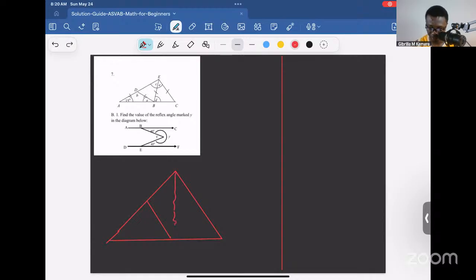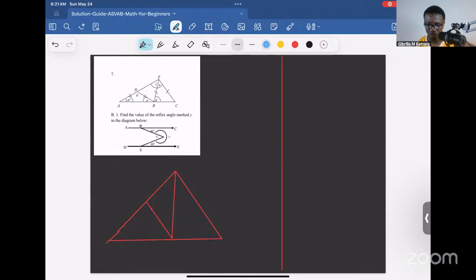That should be slanted a bit. This is the only moment we have to wait a bit. So let's get it right. Yes. So once that is done, let's put the angles.